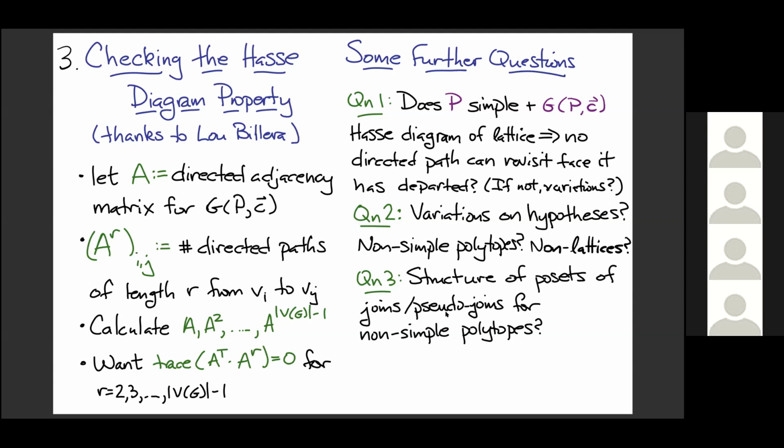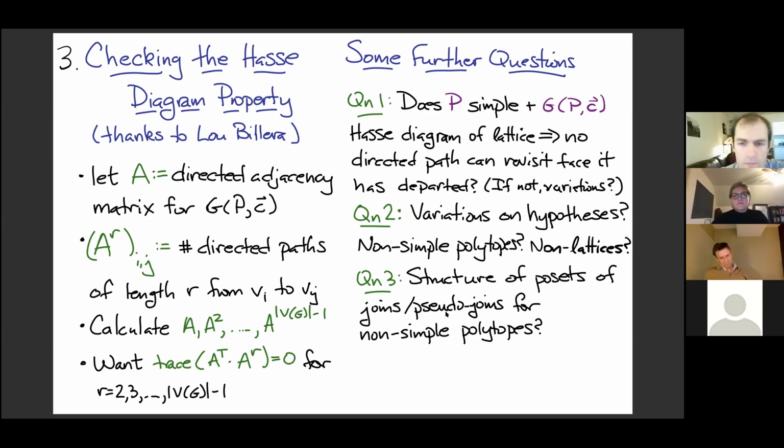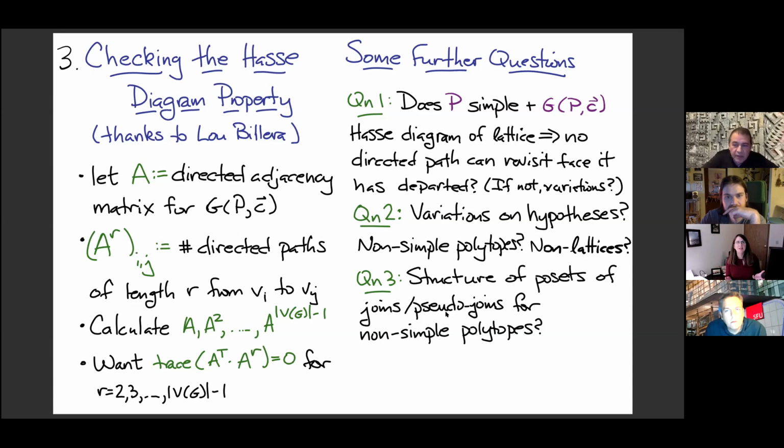I felt like the property of being a simple polytope plays really well with the Hasse diagram property. I keep feeling like I should be able to prove more. Honestly, I haven't had time to work on it in the last year because of moving and COVID. But it's very tantalizing to try to prove more. Basically, I picked these hypotheses because they're the ones that I could do something with, and I thought that they were not totally crazy hypotheses.